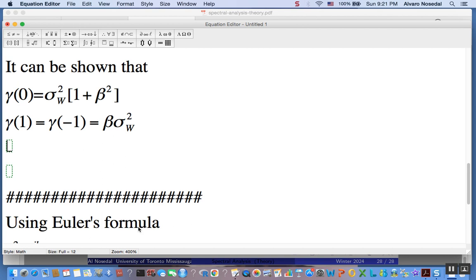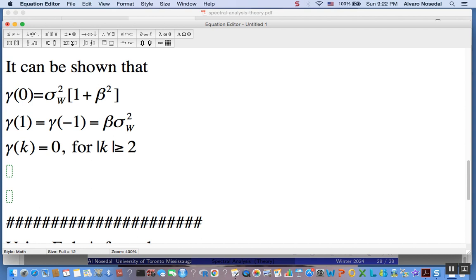And then something else that we showed is that gamma at K, for K such that the absolute value of K is greater or equal to 2, happens to be 0. So that's the autocovariance function.